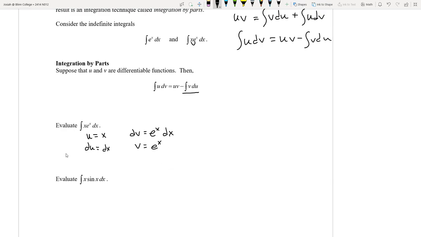And so this integral that we start with can be written as u times v, that's x e to the x, minus the integral of v du. And so that'll give us x e to the x minus the integral of this, which is easy to figure out, right? We've seen it already. And so all that we have to do now is, since this is an indefinite integral, just add c to the end.